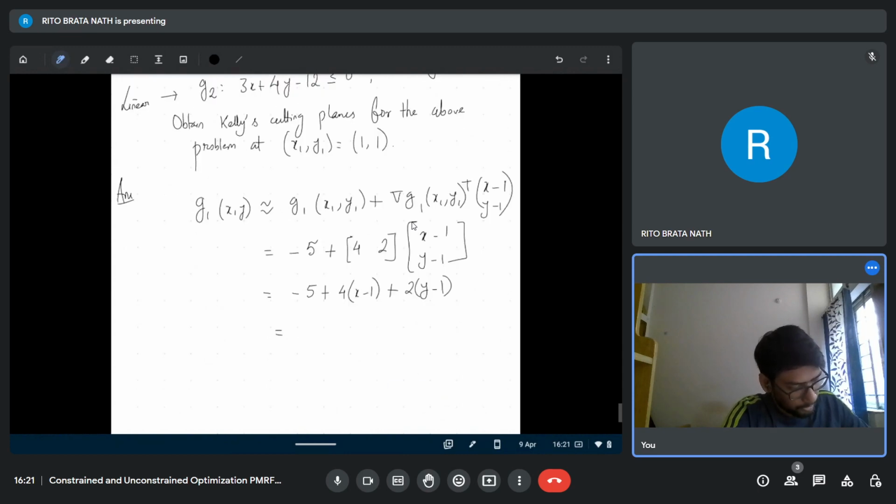So it's pretty simple. It's 4x plus 2y, and then you have minus 4, minus 2 and minus 5, so that's minus 11, and this should be less than or equal to 0.